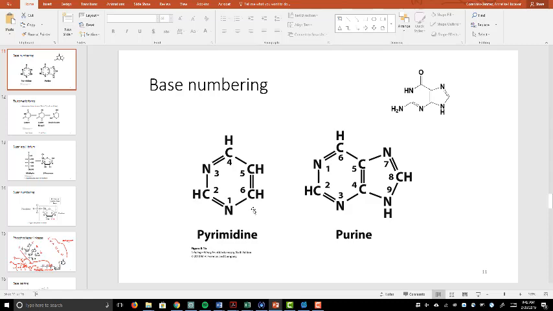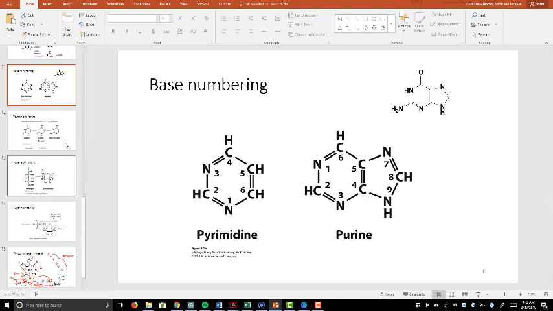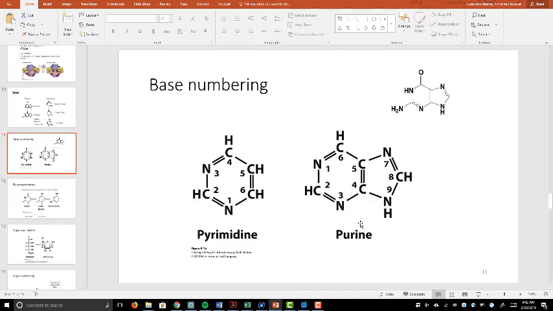And so the numbering for the base, for the pyrimidine, the number 1 starts at the end where it connects to the ribose ring. Whereas the purine starts, oh goodness. If we were to flip this out, this is the edge where the hydrogen bonding is happening, and we start at the top right, or I guess in this case the top left.